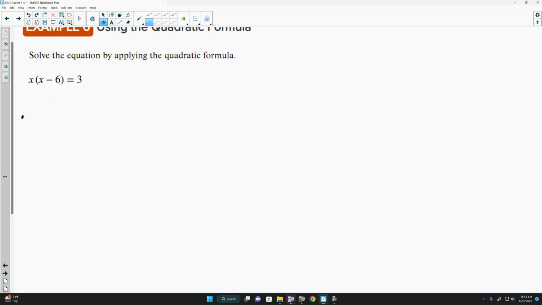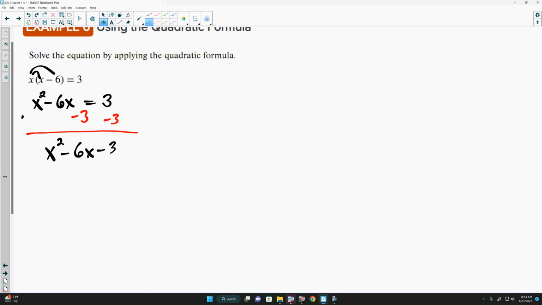One of the first things we'll do is get it back into standard form. So we'll need to multiply through by x. x times x is x squared, minus 6x is equal to 3. At this point, we'll subtract 3 from both sides, telling us that we have x squared minus 6x minus 3 is equal to 0.